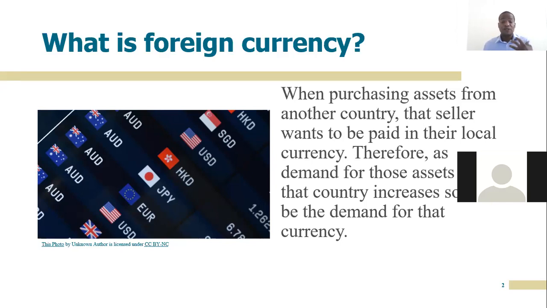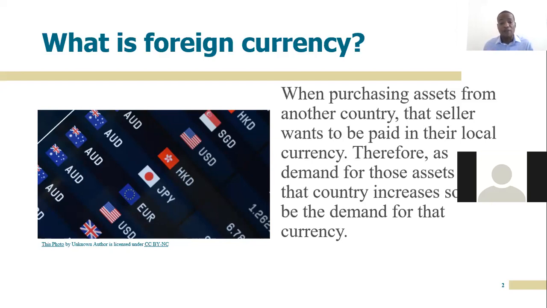Now, the crux behind all of that is the more that you purchase an asset from overseas, the more demand there is for that currency, okay? Right now, a lot of people purchase things from the US. So what does that do?